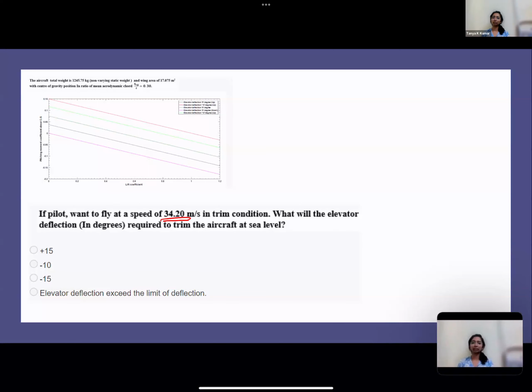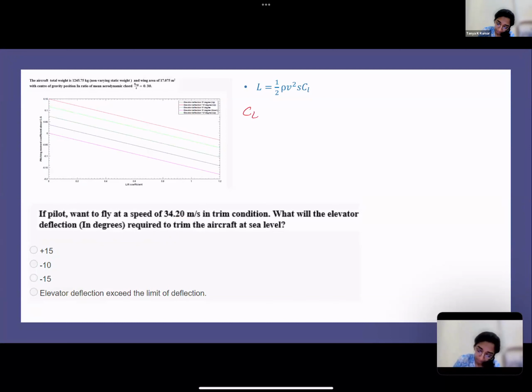Okay. So you can just proceed like the previous case, find CL trim and use it in the delta E required equation. Let's try solving that. It's the same equation, so let me do that.